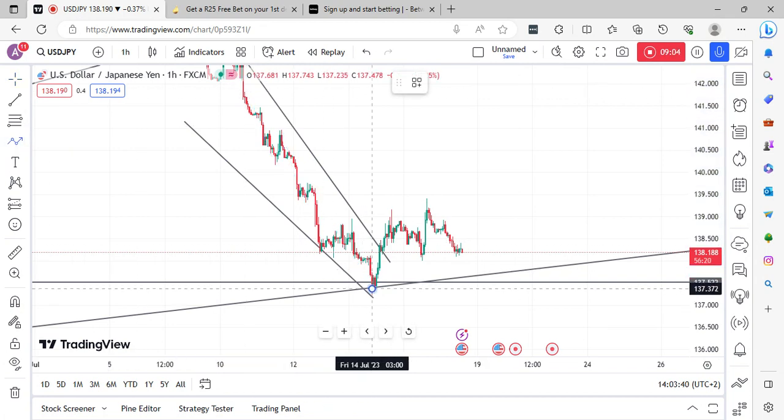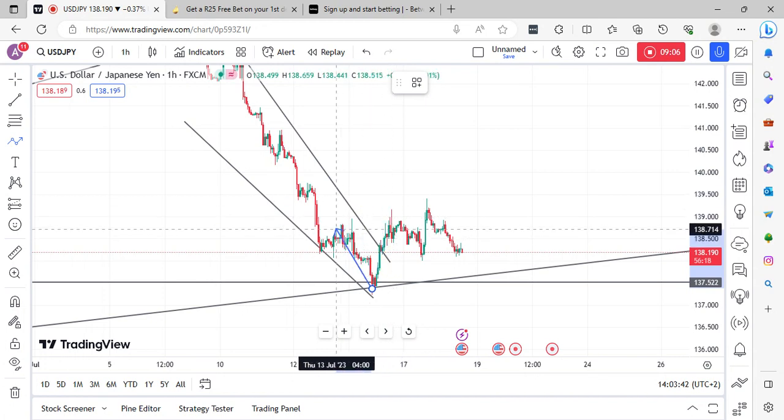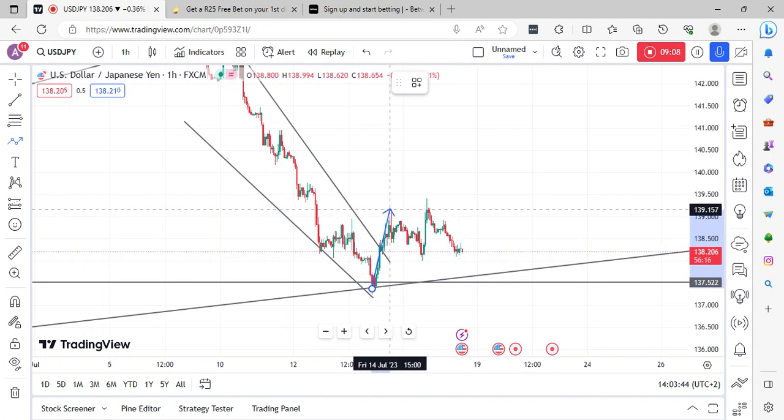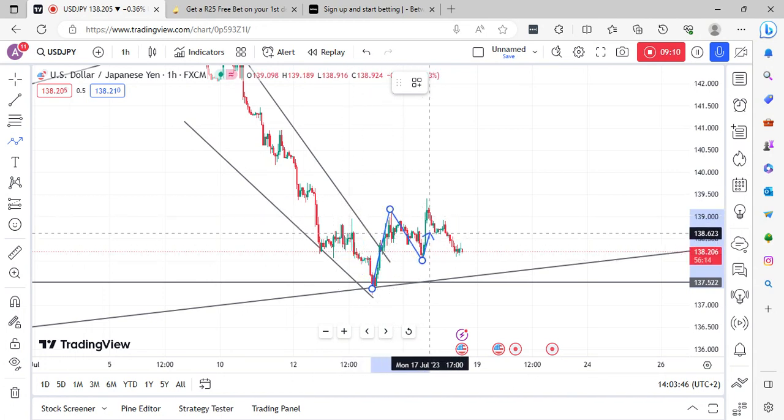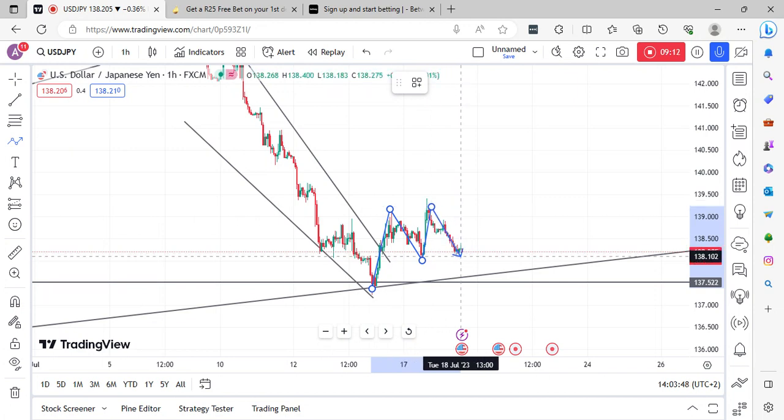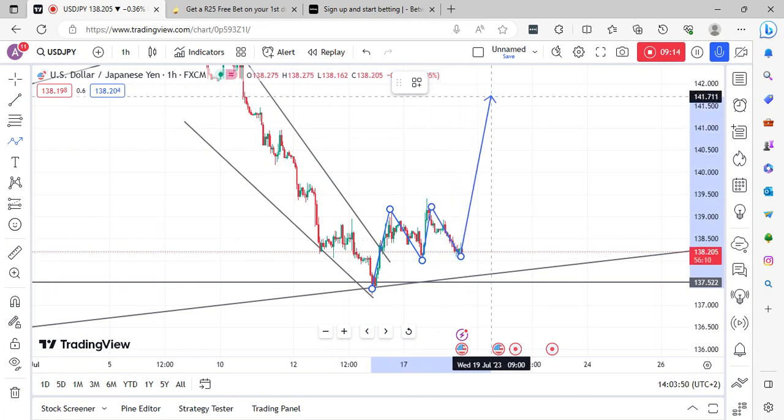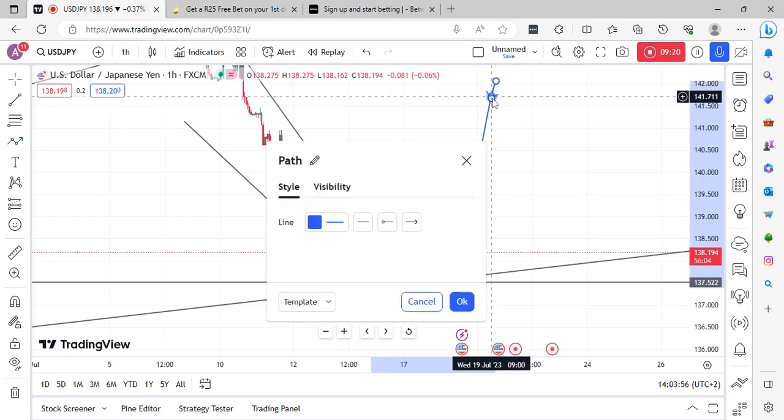It broke above. So it pushed and it created a new high, which is this one. And then it created highs and lows. And then we're expecting something like this. All right. So this is where we're heading eventually.